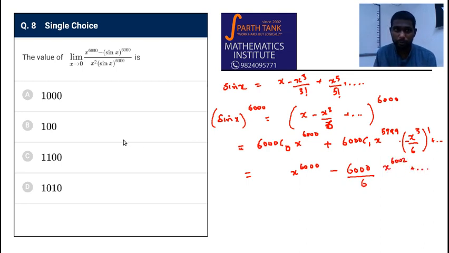This is going to give you the clue because the denominator is like x to the power 6000 and so on, more or less. So let's see here. So this becomes plus and so on to infinity.